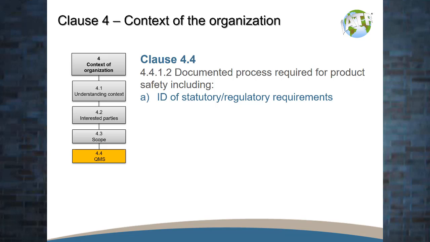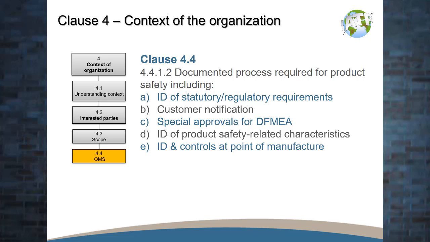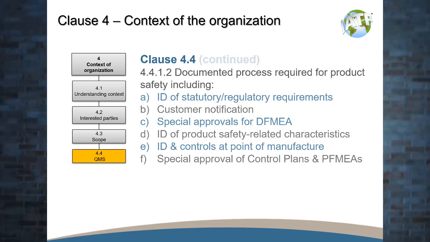Identification of the statutory and regulatory requirements, how you go about identifying those and keeping track of those requirements, customer notification of any product safety issues, special approvals for design failure mode and effects analysis, or DFMEA, the identification of product safety-related characteristics and how they need to flow throughout your documentation, identification of controls at the point of manufacture, special approval of control plans and PFMEAs that have product safety items in them.